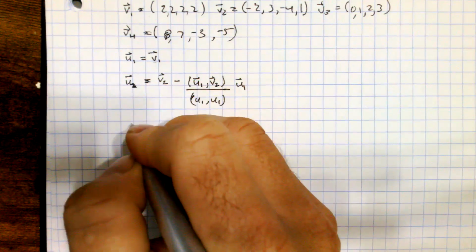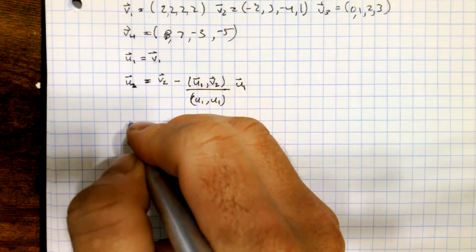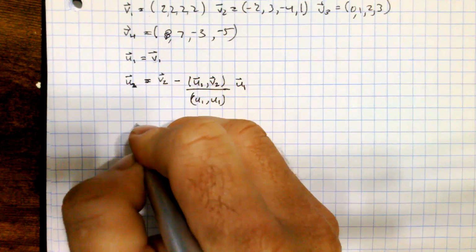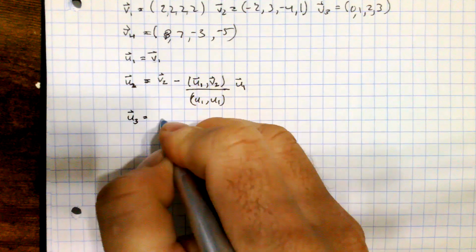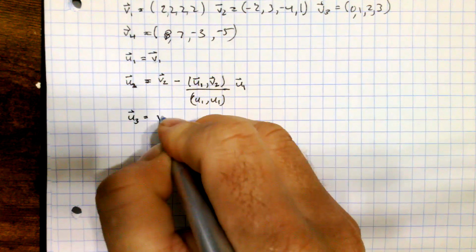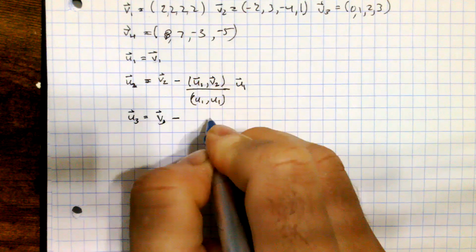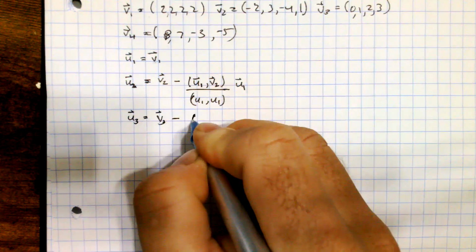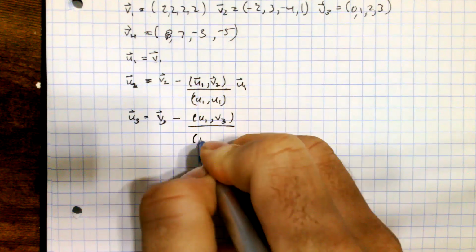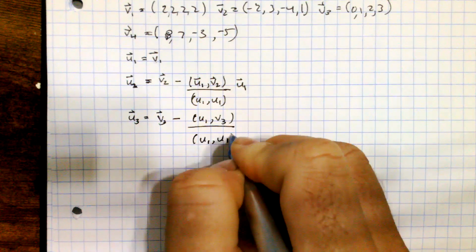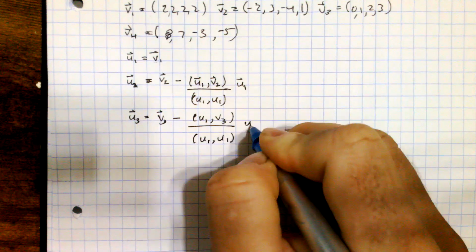For the next one, it's going to be very similar, but now you have two things to worry about, two vectors and two orthogonal directions to be concerned with. So you're going to take v3 and subtract off the inner product of u1 and v3, divided by the norm of u1 squared, along the u1 direction.